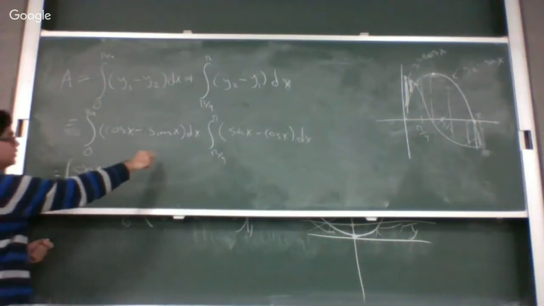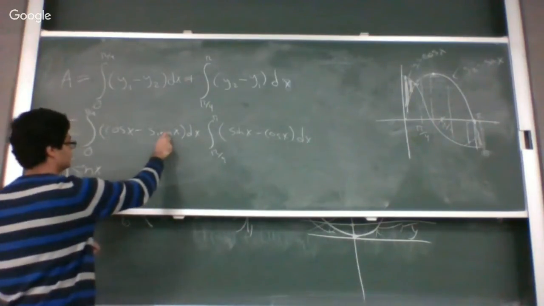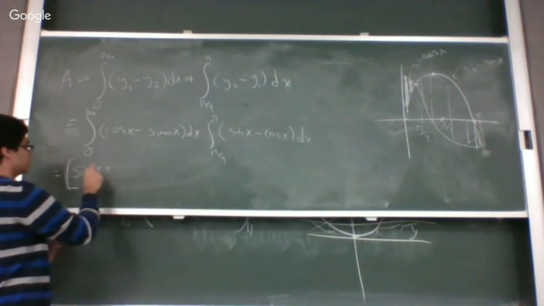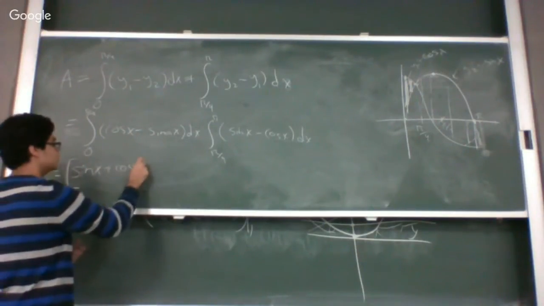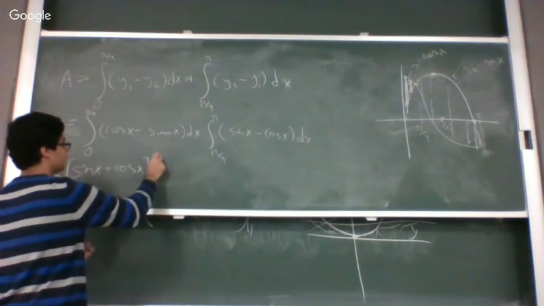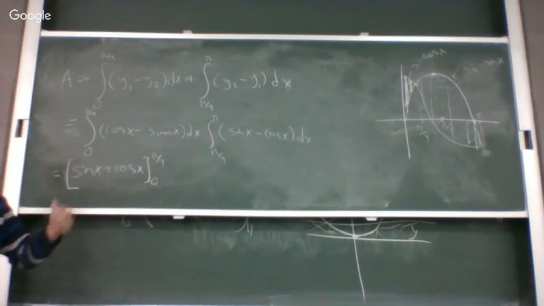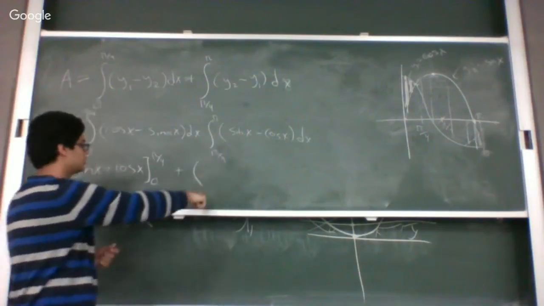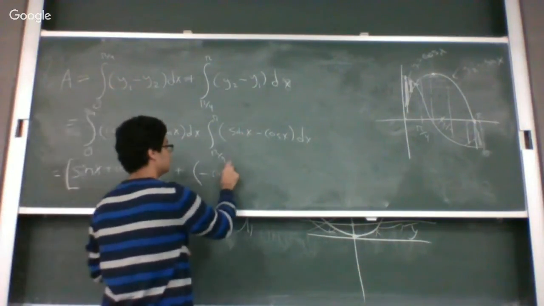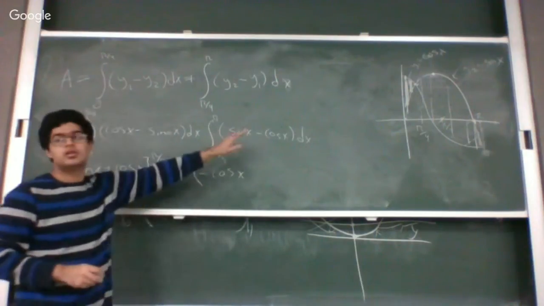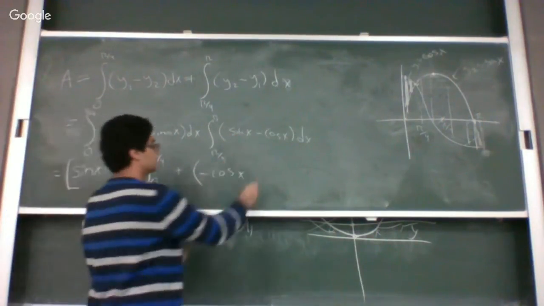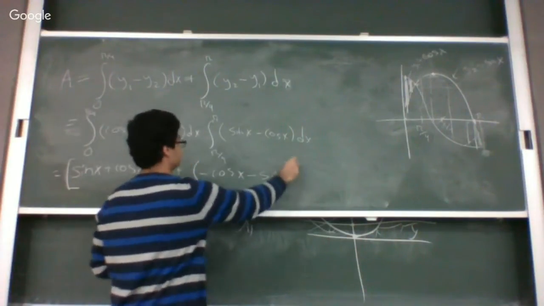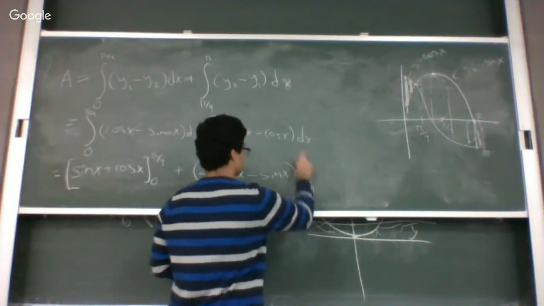What's the integral of sine? Negative cosine, but we are subtracting it. So it's plus cosine from 0 to pi over 4. So make sure you don't get mixed up with the plus and minus. Plus, the integral of sine again is negative cosine. Integral of cosine, positive sign, so it's minus sign. And the integral from pi over 4 to pi.